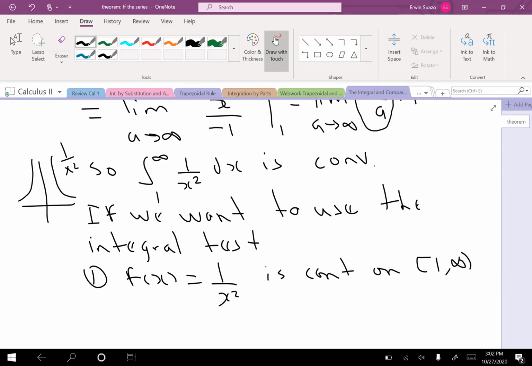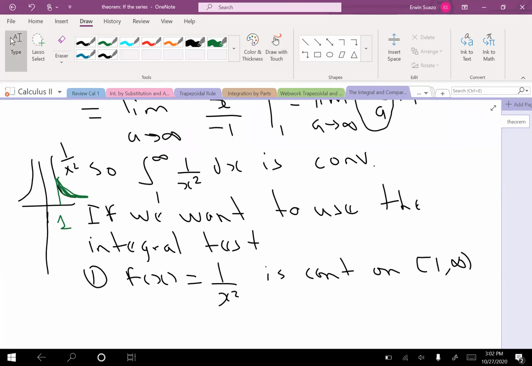But it's continuous from 1 to infinity, so I only care from here, from 1. Is this continuous at 0? I don't care, because I want it from 1 to infinity.